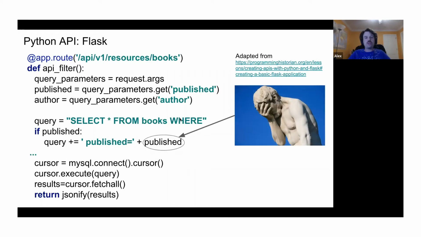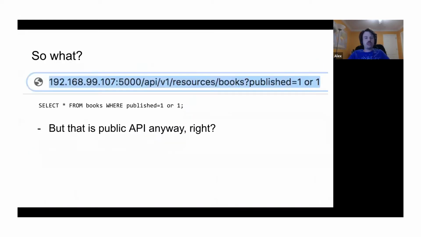What happens here is that we're taking the input from our user and placing it directly into MySQL. So that is really bad. What will happen then is we can use SQL injection.